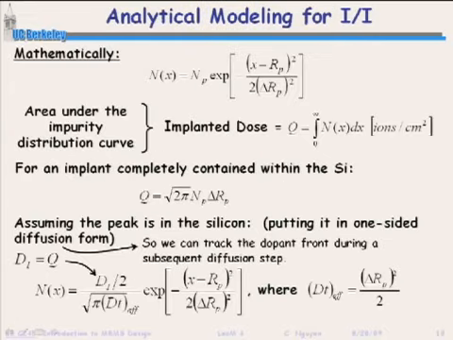You have R sub P, which is the average, called the range. Delta R sub P, that's the standard deviation, called the straggle as well. You can integrate this under there to get the complete amount of implant in the silicon, called the dose. And there's one-sided, two-sided forms of this. I'll let you look at those. We'll almost never use those things for implantation in this class.